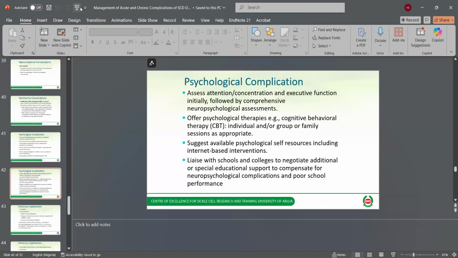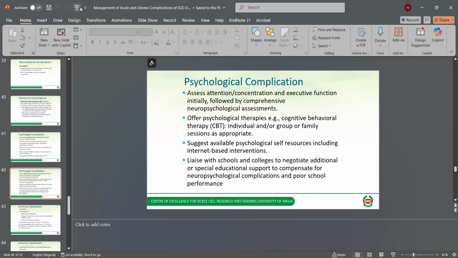Also assess attention, concentration, and executive function initially, followed by comprehensive neuropsychological assessment. Offer psychological therapies, e.g. cognitive behavioral therapy, individual and or group or family sessions as appropriate.